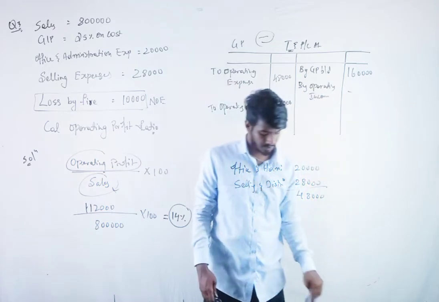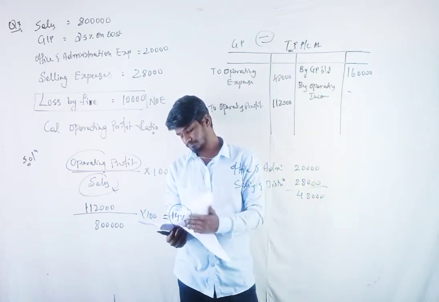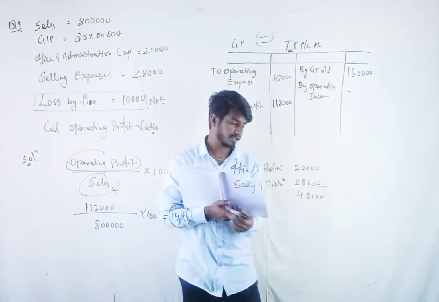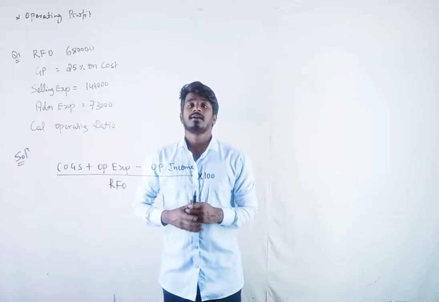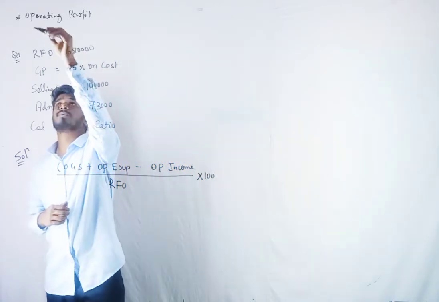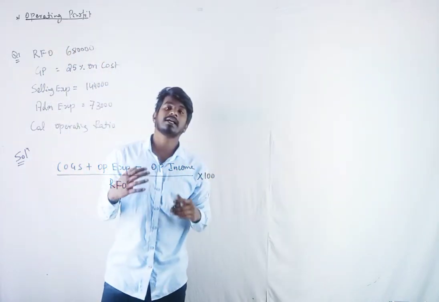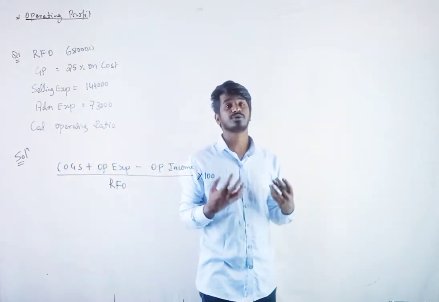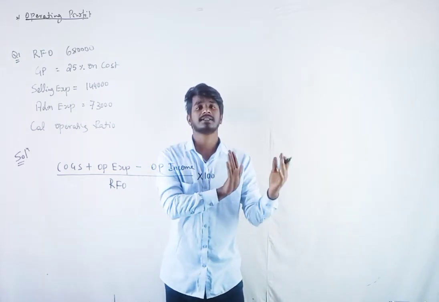Fine, we go for the next ratio. Yes, the next ratio we have is the operating ratio. Operating ratio means we will compare our expenses to produce the goods with the sales.